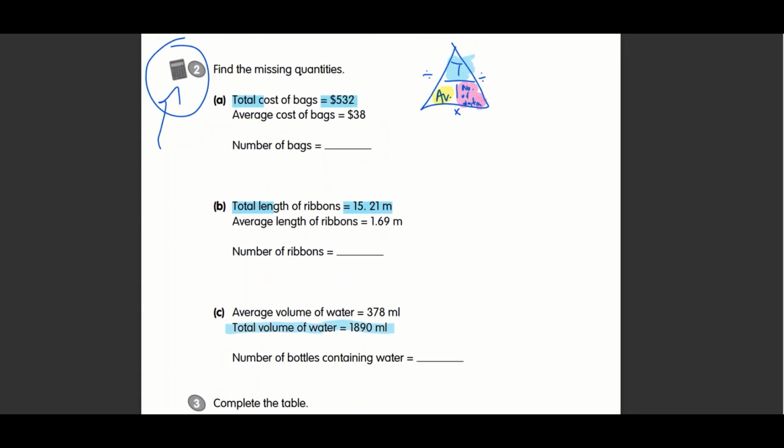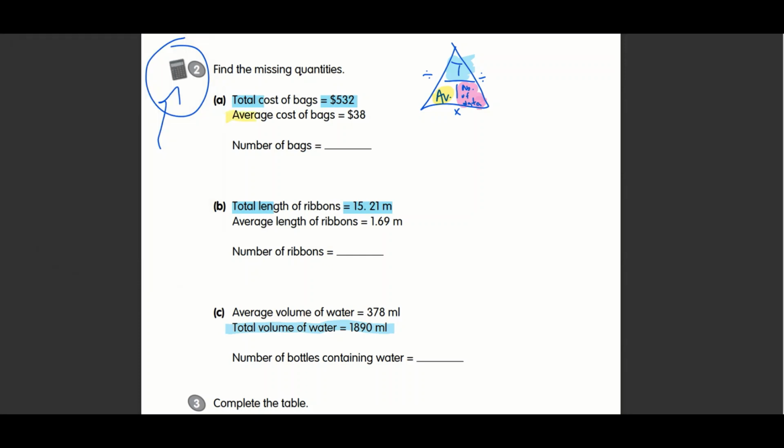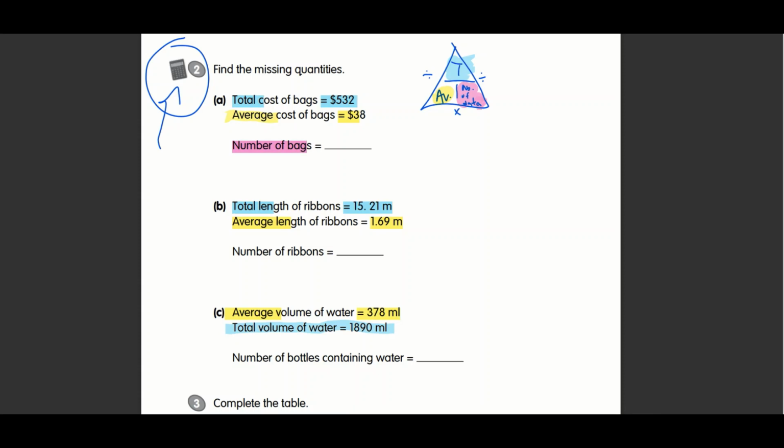And then I have the average given. In other words, the missing identity that I'm supposed to find is the number of data.